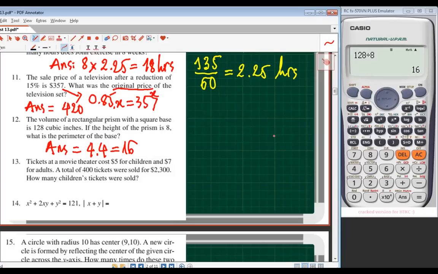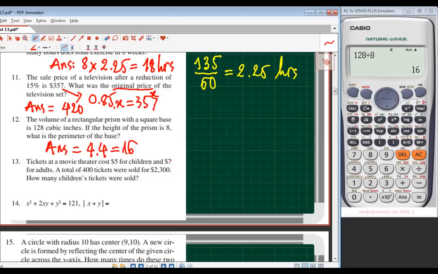Question number 13. Tickets at the movie theater cost $5 for children and $7 for adults. A total of 400 tickets were sold for $2,300.